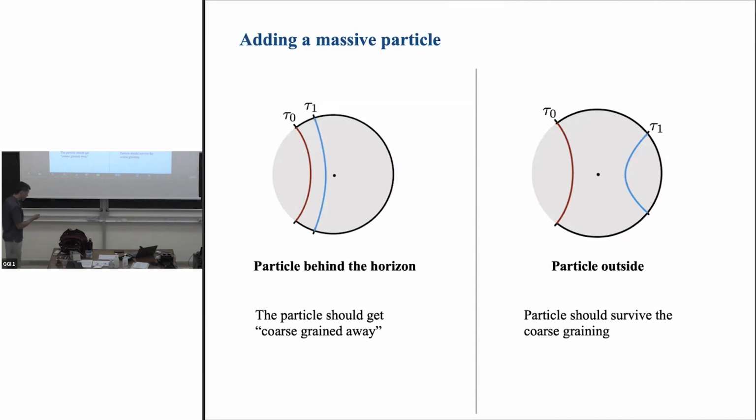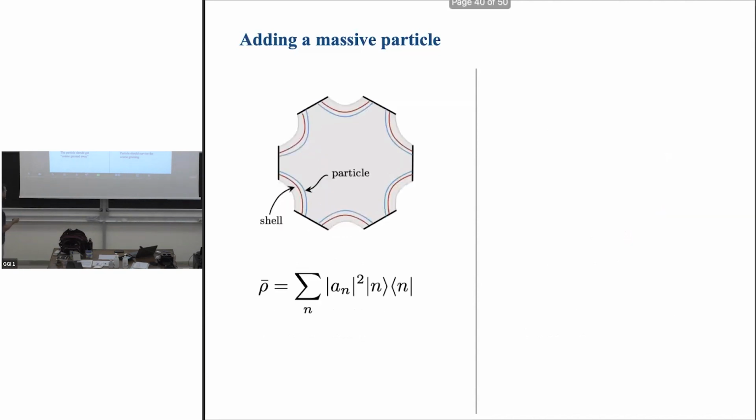So the procedure starts with constructing the wormholes. For the case of the particle behind the horizon, so this is now the wormhole where the particle was behind the horizon, you can think of it as part of the shell that made the black hole. There's no difference. It just is another contribution that's behind the horizon.